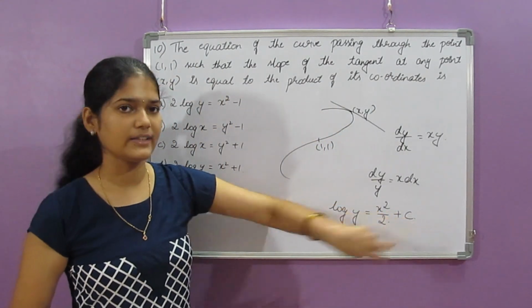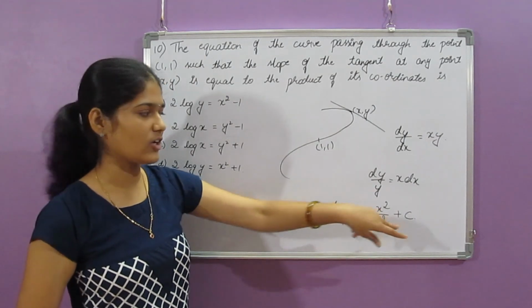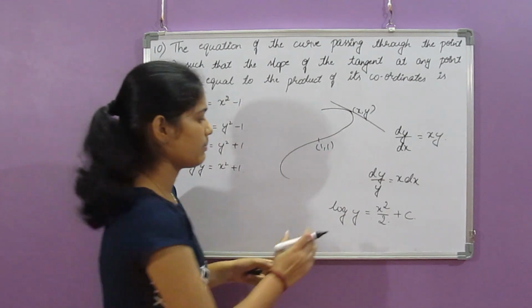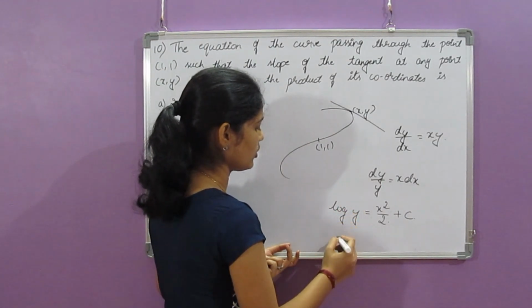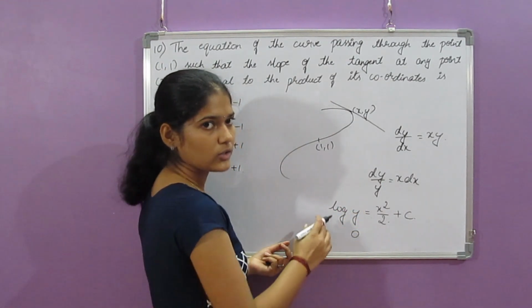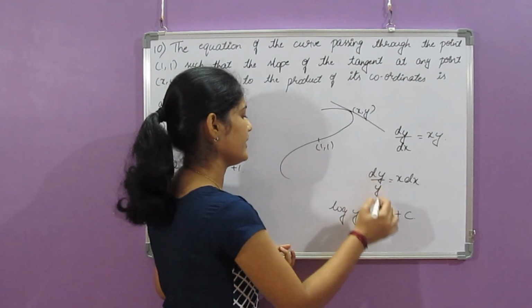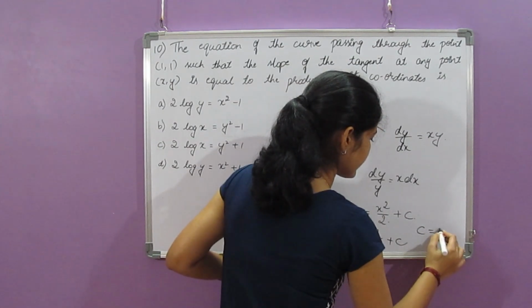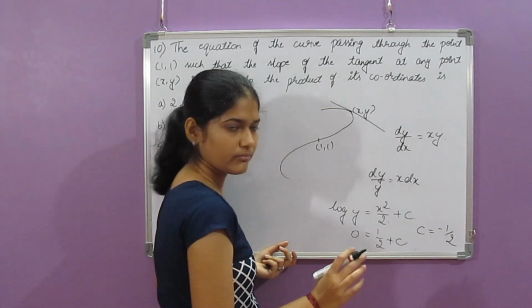Now we have to find this constant. To find it, let's substitute 1, 1 in this equation. When we substitute y is equal to 1, this will be 0 because log 1 is 0, and here 1 by 2 plus c. So clearly c is equal to minus 1 by 2, right?